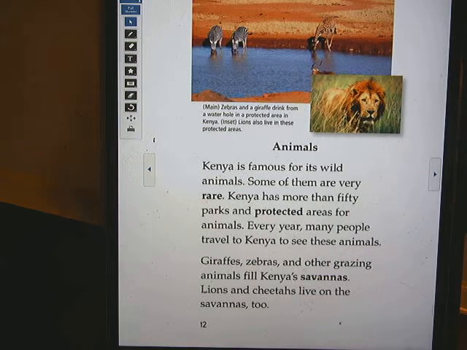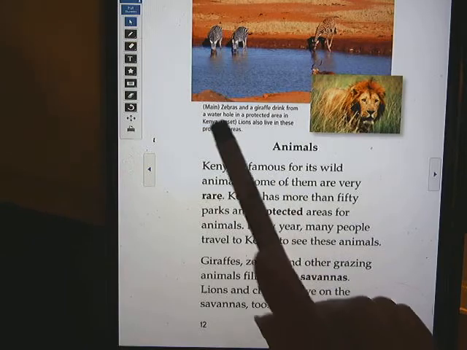So if you're an animal lover, particularly of wild animals, big cats, zebras, things you would typically see in our zoos, they're out in their actual habitat known as the savannas. And people travel from all over the world to see these animals.